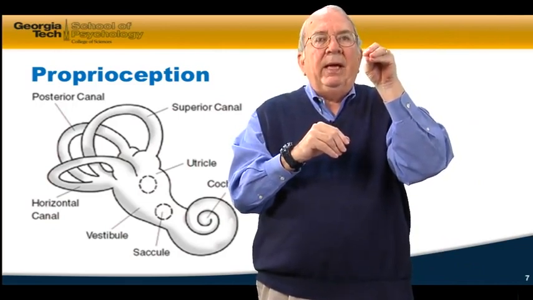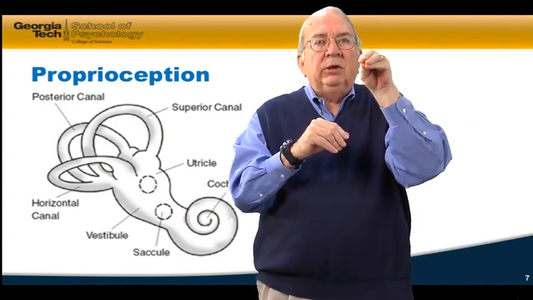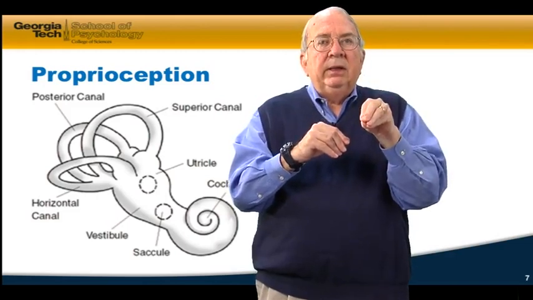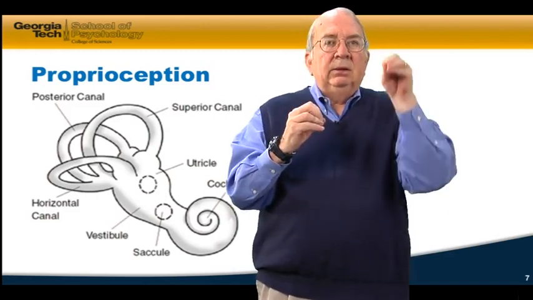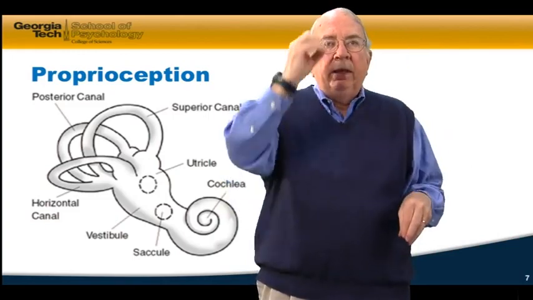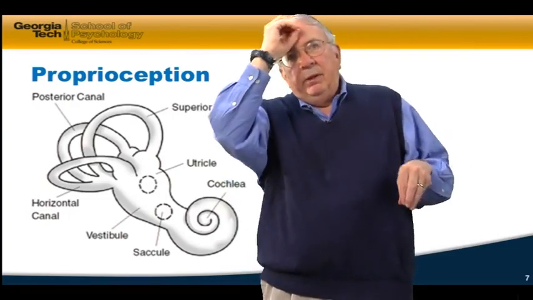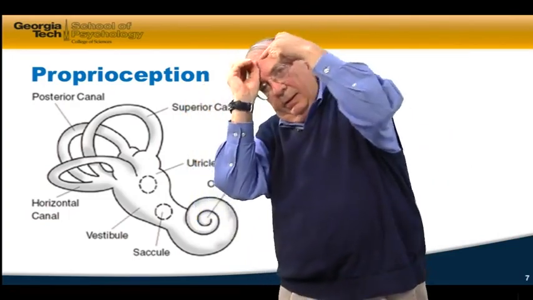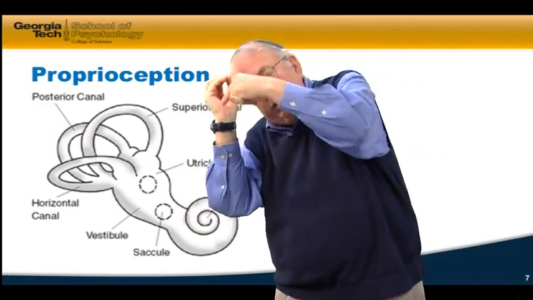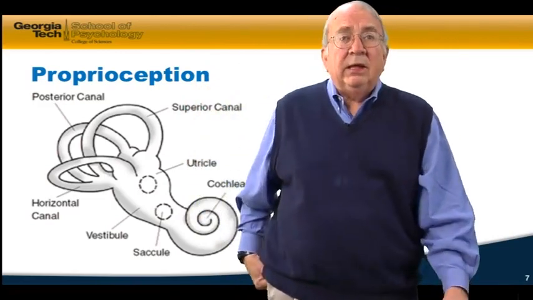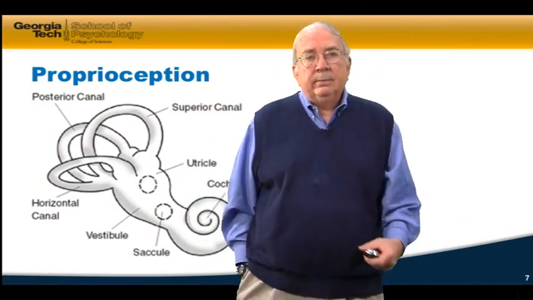And depending on where your head is in relation to gravity, those stones can fall down and stimulate the hair cells located around the container. So if I move my head from here to here, then the little stones are going to move down and stimulate different hair cells, constantly telling me where my head is located.